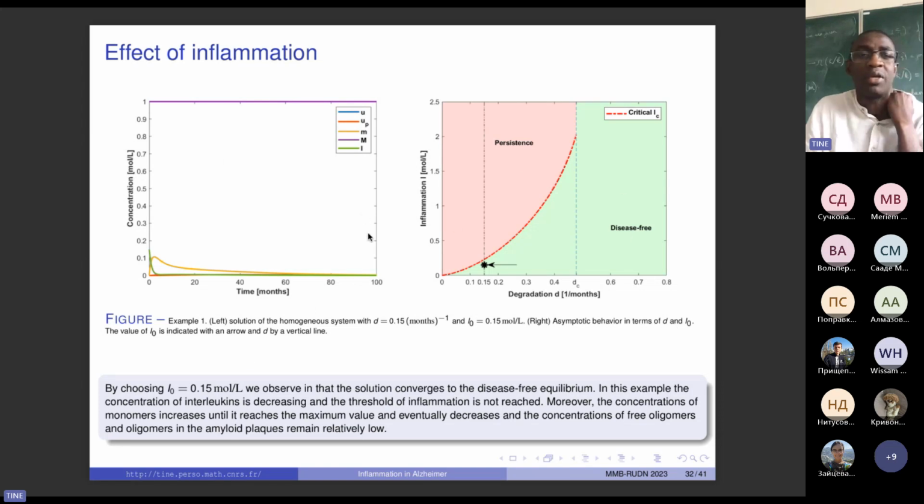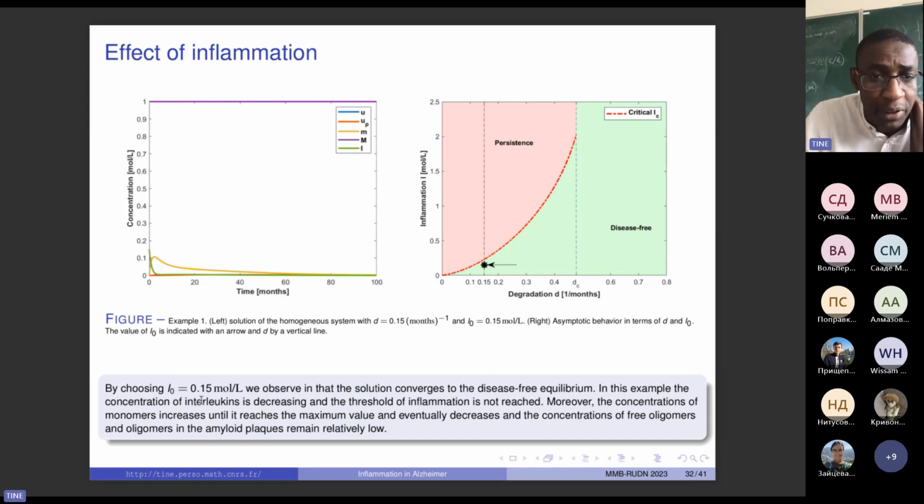The figures show that if I fix I0 not very big, here 0.15, we observe that the solution converges to the disease-free equilibrium, and all the concentrations decrease toward it.